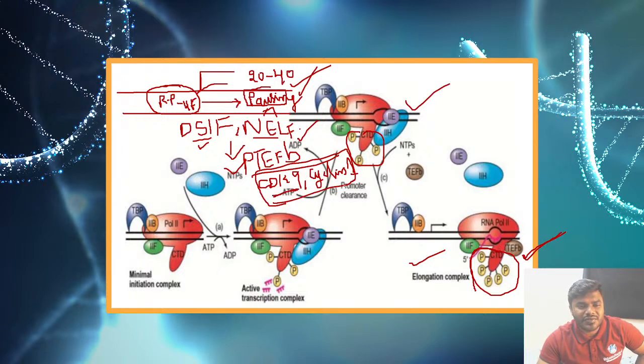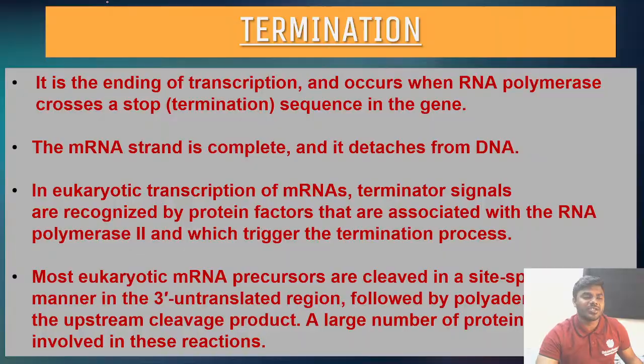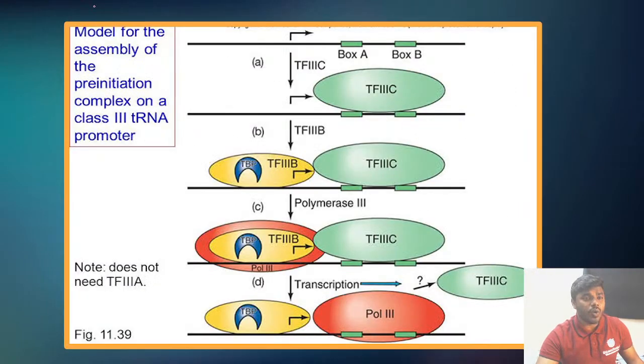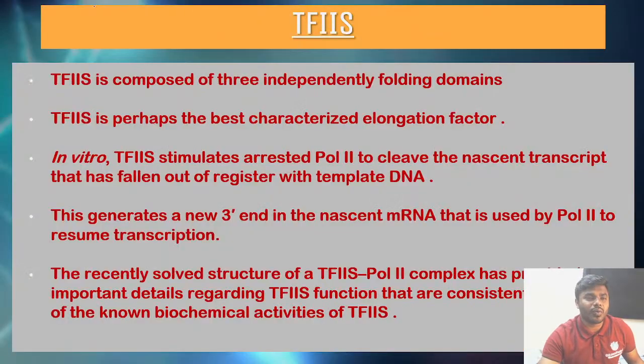It is composed of CDK9 and cyclin T1. And these two together, what will they do? They will phosphorylate RNA polymerase 2. Now RNA polymerase 2, completely phosphorylated, starts the process of elongation. That's all. Very simple. Now I want every student to remember one more very important point.